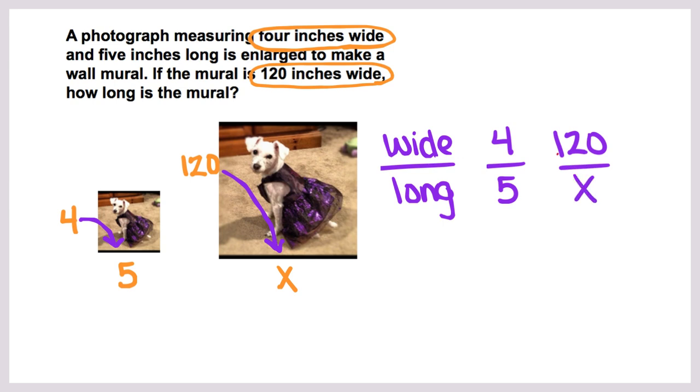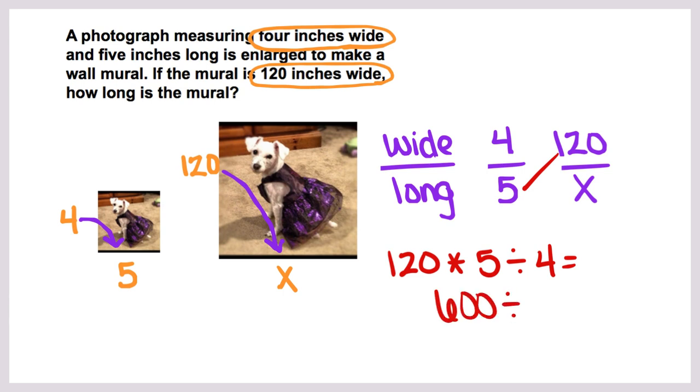So we're going to cross multiply. 120 times 5, and then we're going to divide it by 4. So 120 times 5 is 600. And then if I take the 600 and divide it by 4, I get 150. So our missing value is 150 inches.